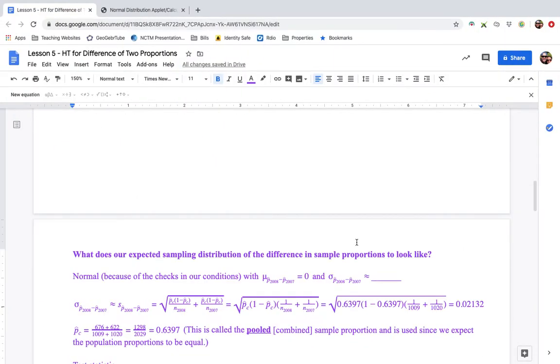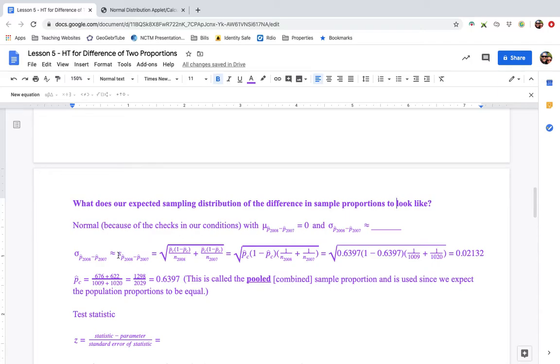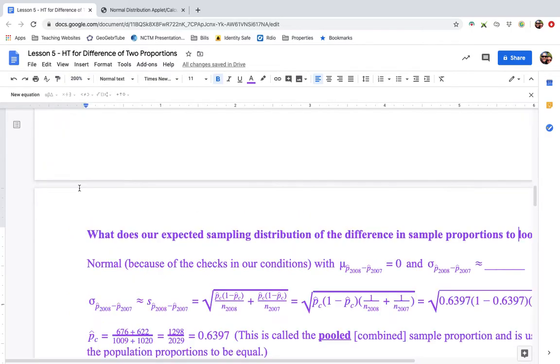Okay, so we know the mean is 0. The standard deviation is approximately this thing, and I put in this formula, this is what this looks like, and I'm going to try to make this a little bit bigger for a second.